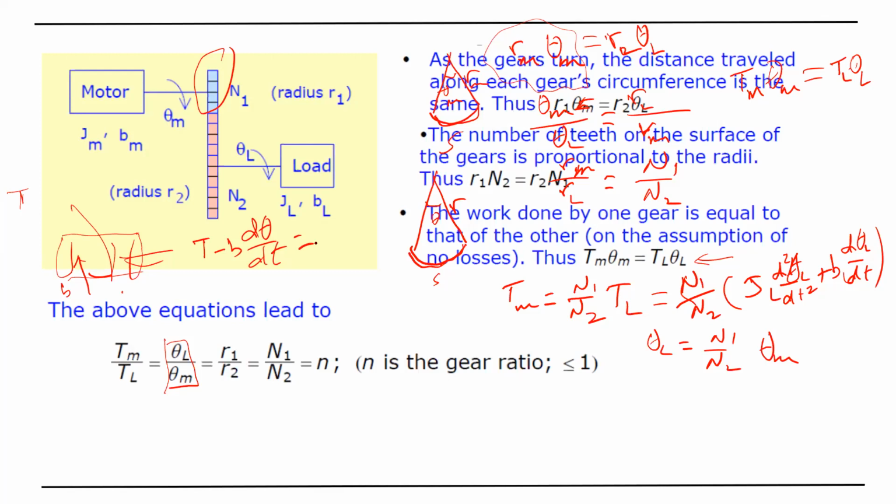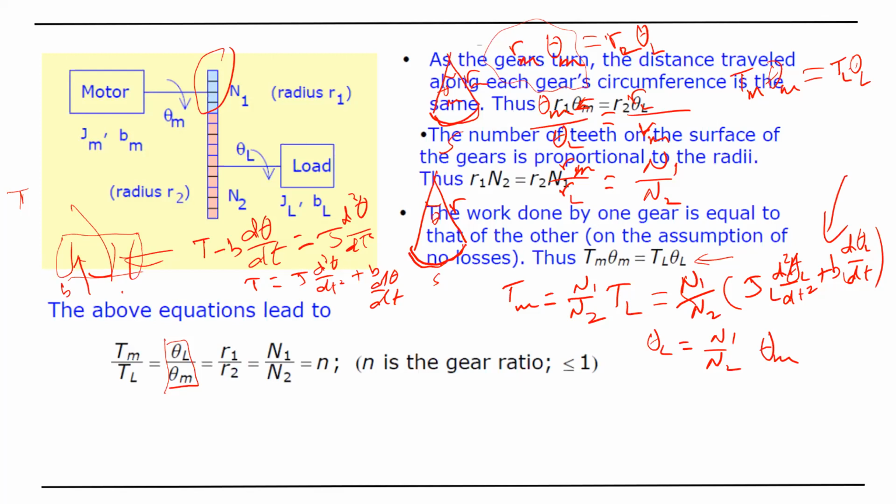This must be equal to the moment of inertia times the angular acceleration, the second derivative of theta, d second theta dt square. So solve for T. T equals J d second theta dt square, plus B d theta dt. And this is basically what we have in here. Okay, thank you.